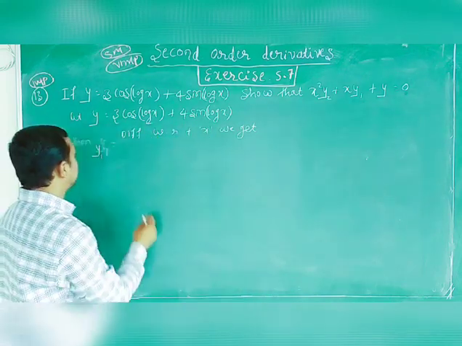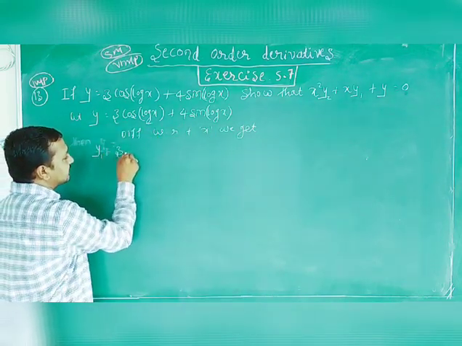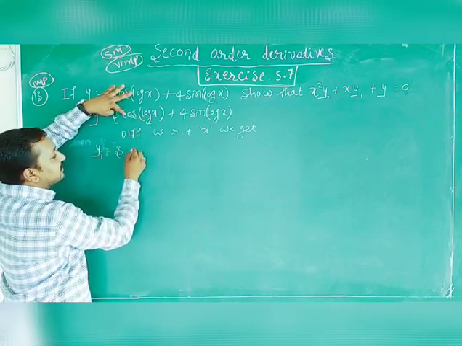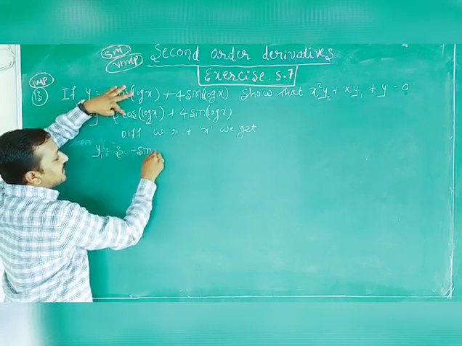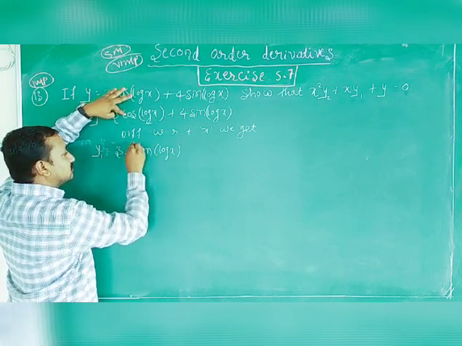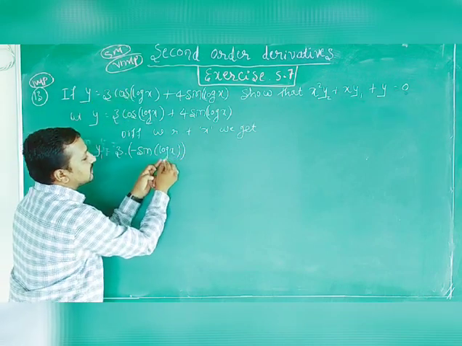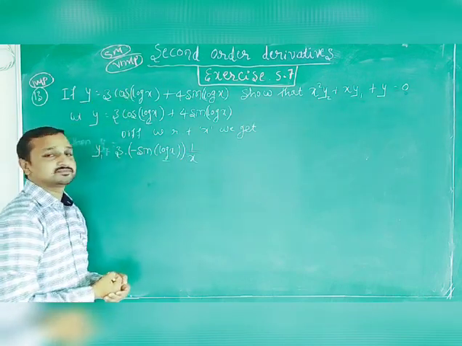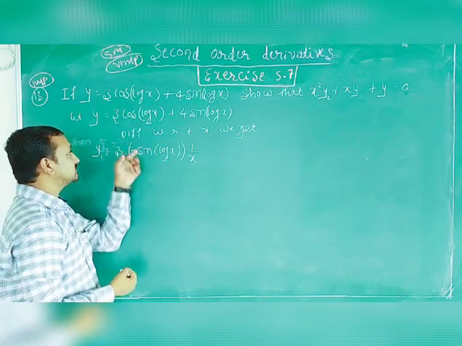So y1 is equal to 3 as a constant term. The derivative of cos x is minus sin x, so minus sin of log x, with respect to log x. The derivative of log x is 1 divided by x. Is that clear? Very simple.